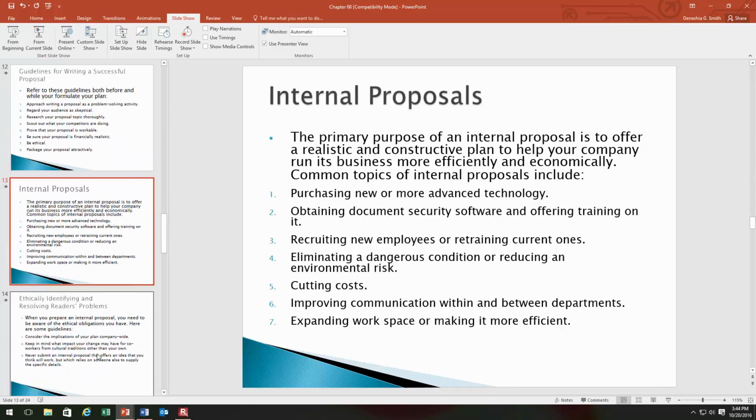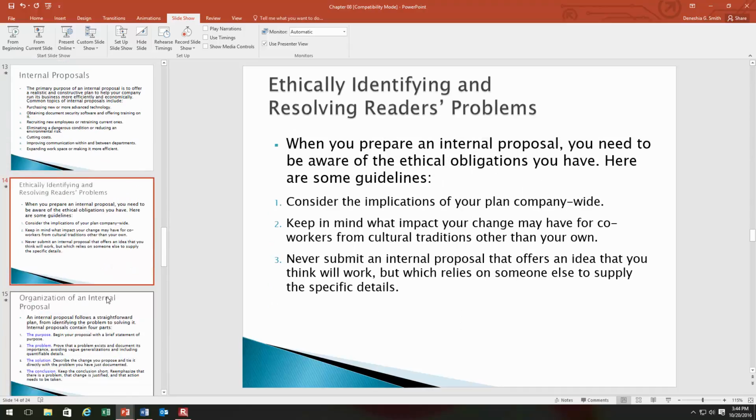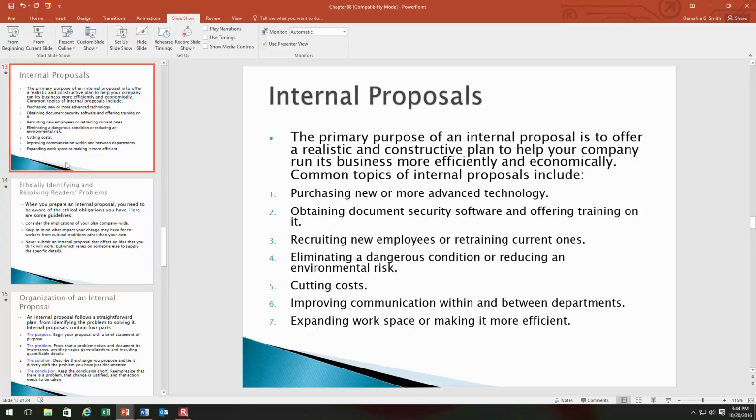The book talks about internal proposals, and I'm not going to cover that in a lot of detail, but if there is such a thing as an internal proposal, of course, there's such a thing as an external proposal. I will note that an internal proposal typically will only happen within the workplace, right? Or within an organization.